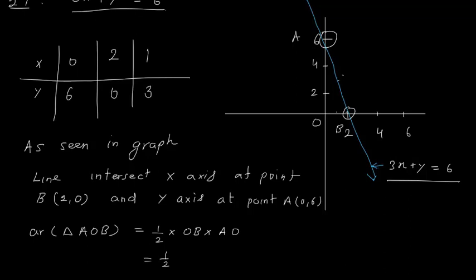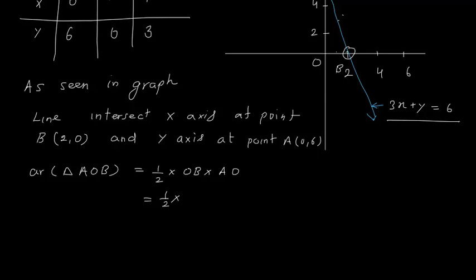So this becomes half, the value of OB is 2 and the value of OA is 6. So this 2 cancels and I get 6. This is area, so we say that this is square unit. 6 square unit is the area of triangle AOB.